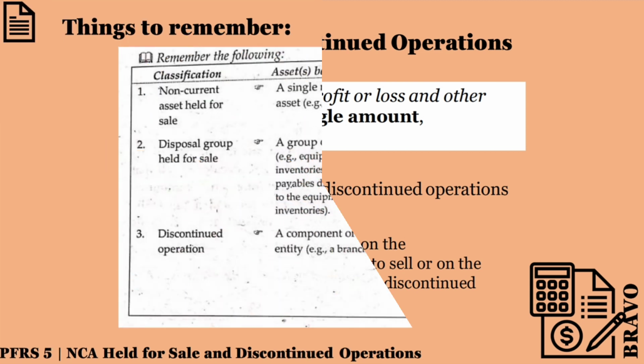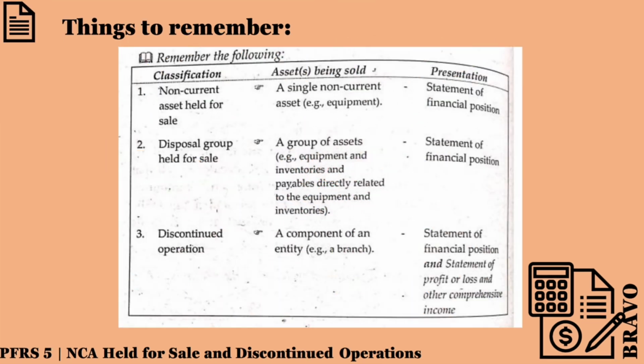In presentation, we have to remember the following. In non-current assets held for sale, the asset being sold is a single non-current asset, and we present it in the statement of financial position. Second, a group of assets being sold in a disposal group held for sale is also presented in the statement of financial position.